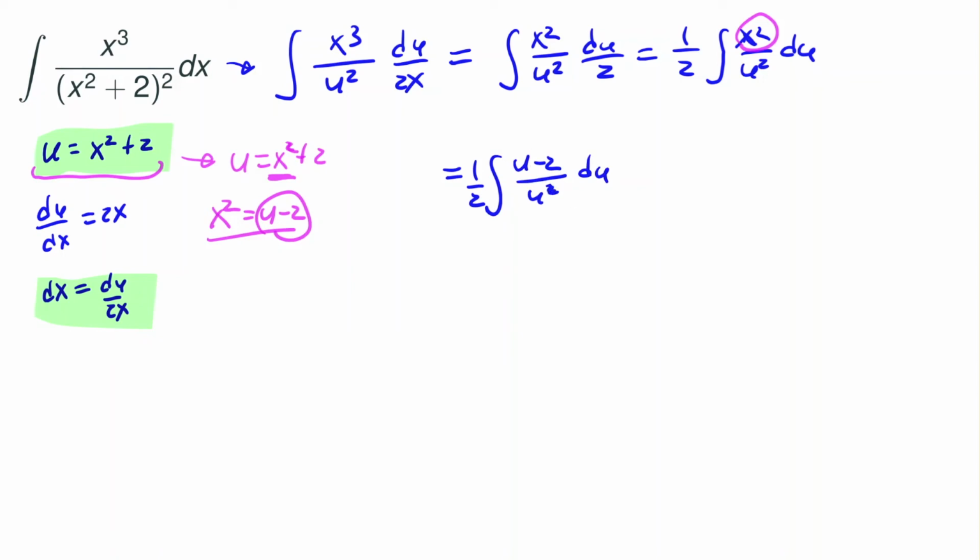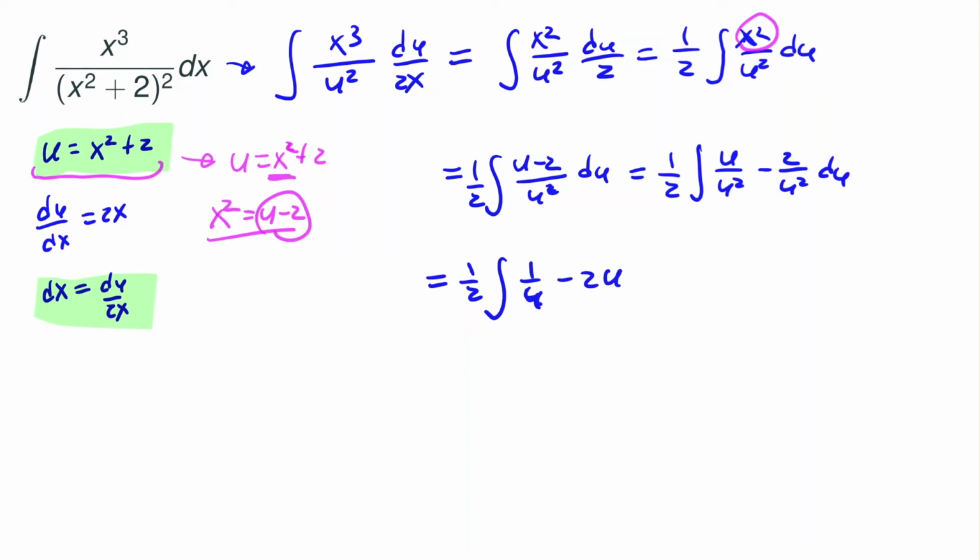Now we have everything in terms of u. So then we can simplify. This is u over u squared minus 2 over u squared du. Well, u over u squared is 1 over u, minus this one. We can rewrite it as 2 times u to the negative 2 power du. Take the antiderivative.